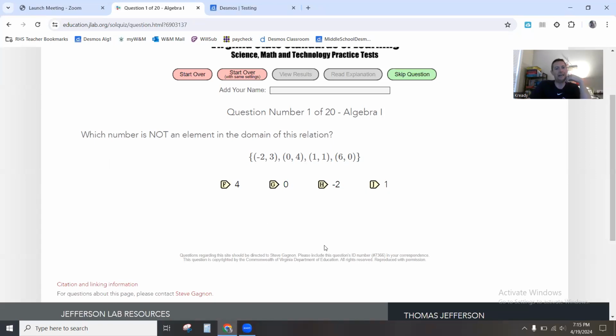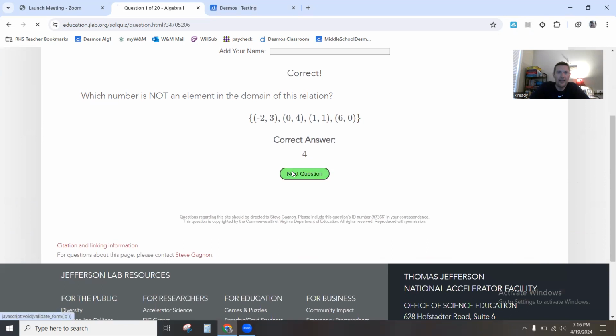So what is not an element of the domain? 4 is right here. That's a Y, that's a range, so that's not an element of the domain. There it is. We can see 0 isn't, all other X's are. If you didn't get that, and they put that there. Nice. Okay, so correct. Keep moving.